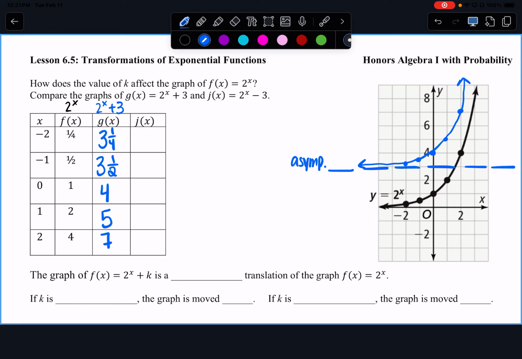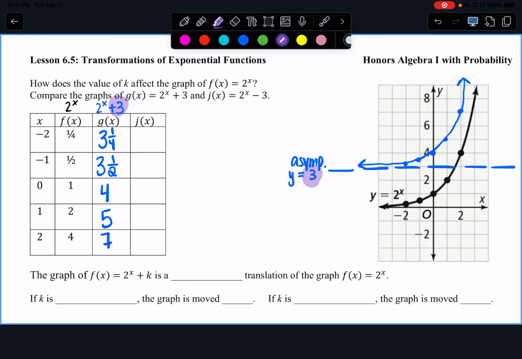And that will be the line y equals 3. So because we added 3 to the end, it shifted our whole graph up so that it started at 3 instead of 0. Does that make sense? So we took and added to the whole function and moved the whole thing up.